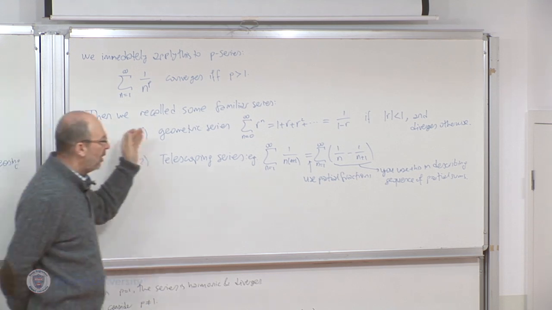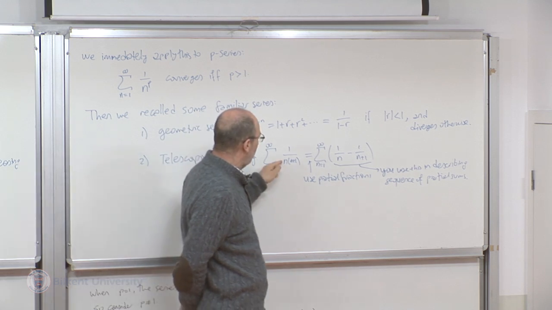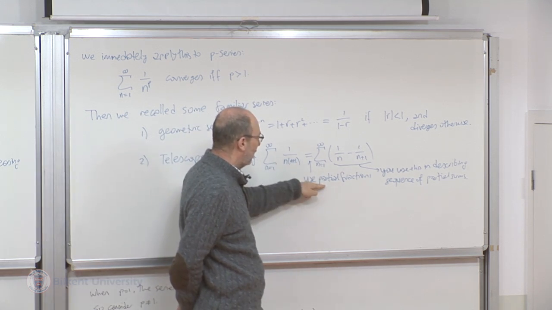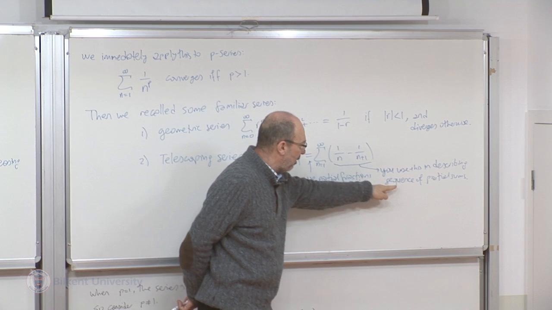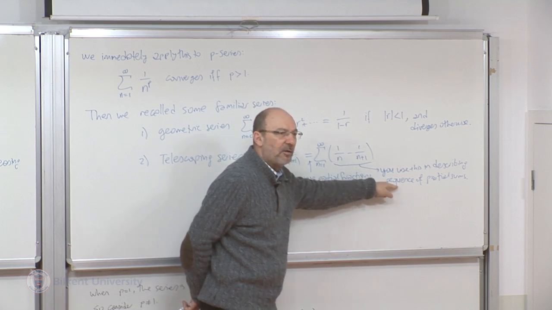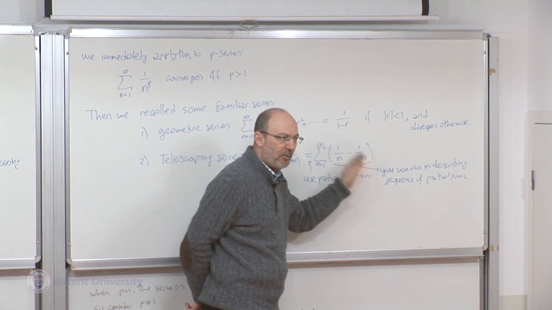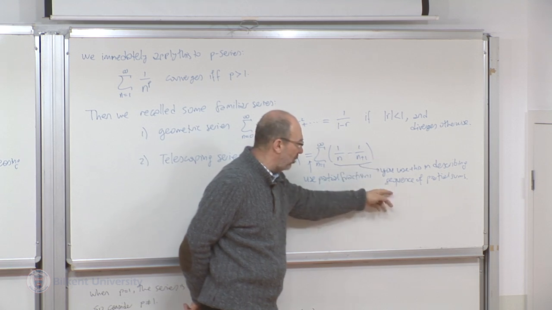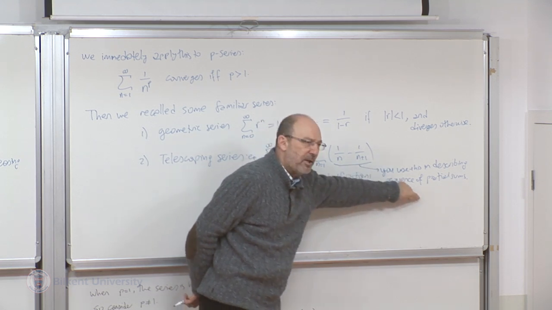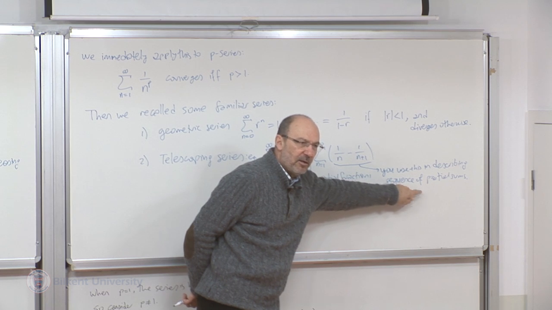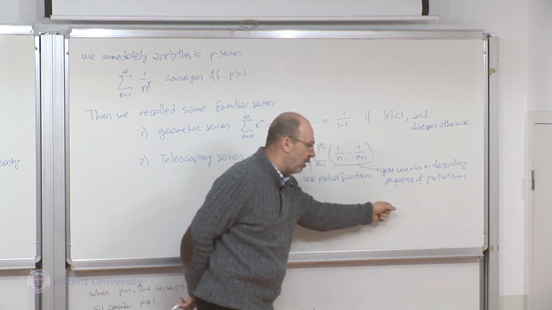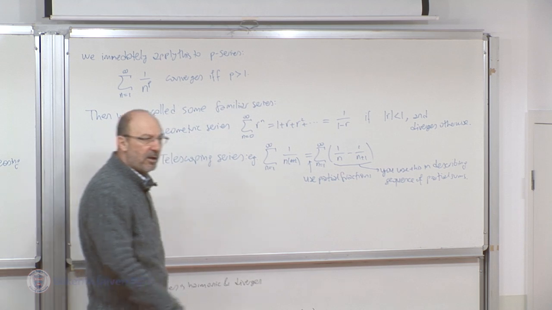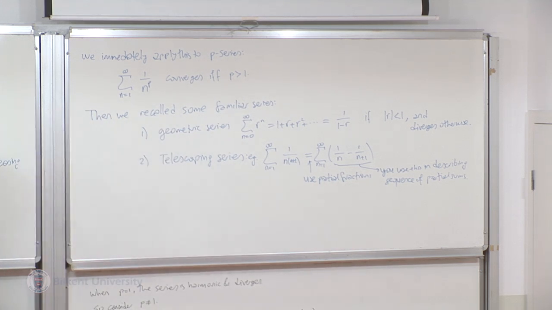Okay, and then the second part of the quiz is to use partial fractions. Write this as partial fractions. Use this sum in the sequence of partial sums. Then everything collapses. That's why we call it the telescoping. Everything goes to 0. You just have a few numbers plus 1 over n's at the end. 1 over n's go to 0, and those few numbers at the beginning is the sum of this infinite series.